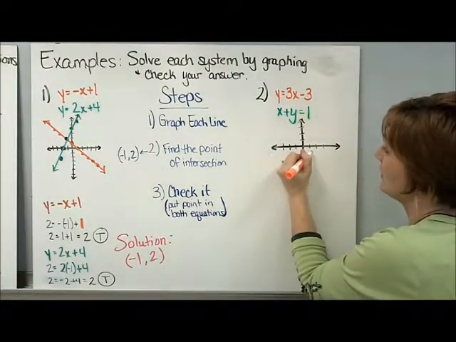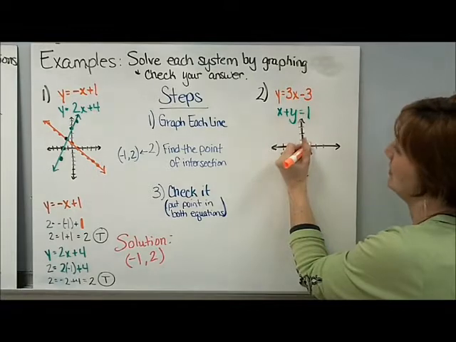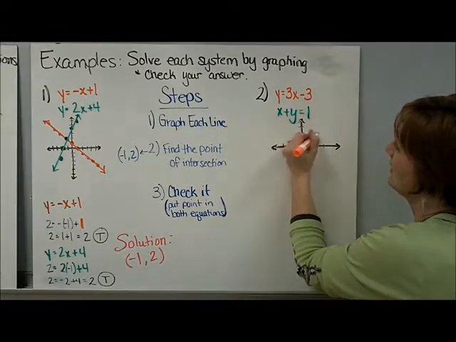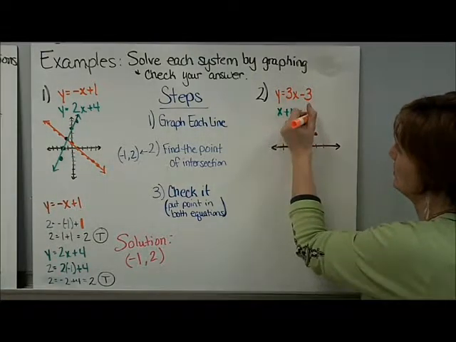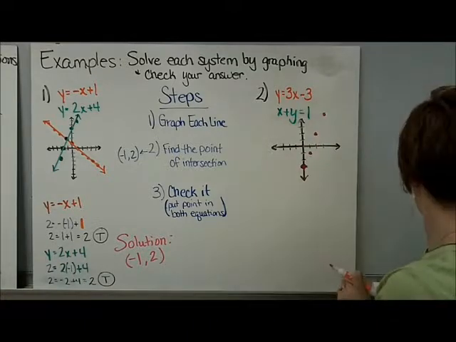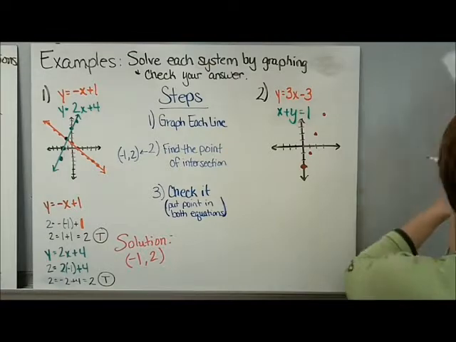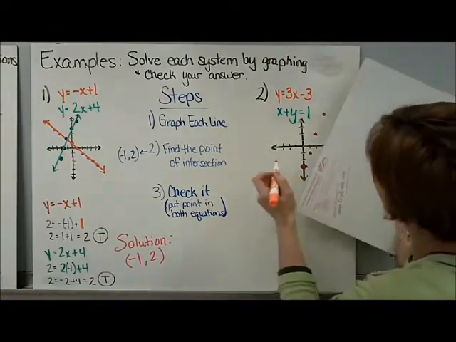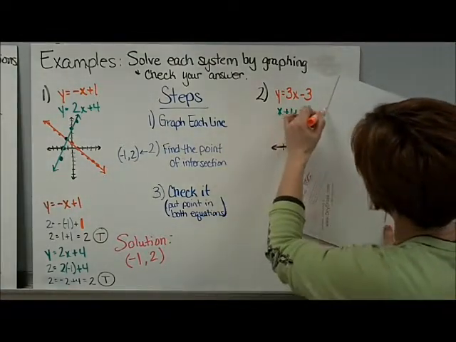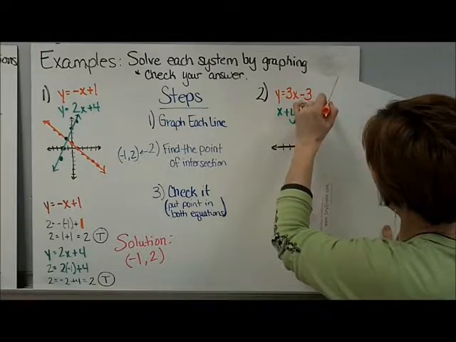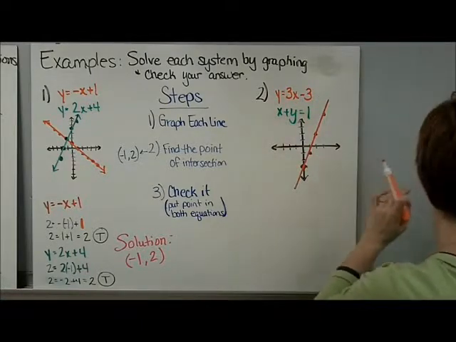So I go up 3 over 1, up 3 over 1, and up 1, 2, 3 over 1. Oops, I didn't grab my straight edge, so we'll just quickly use this. I know my points are not dead on because I'm not using an actual graph, but they're close.